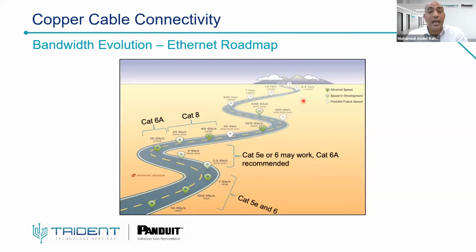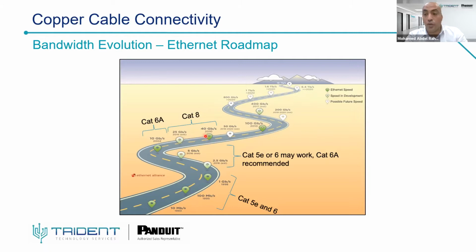For twisted pair, if you look at this Ethernet roadmap, the highest data rates that can be served by copper connectivity are 25 gigabit per second and 40 gigabit per second.